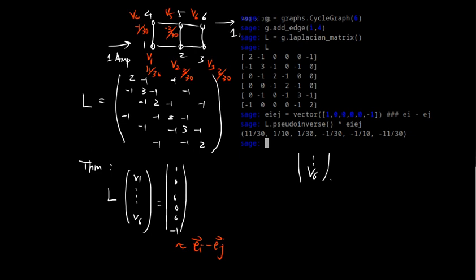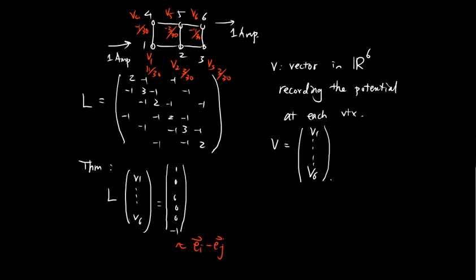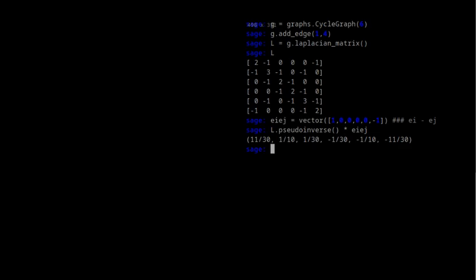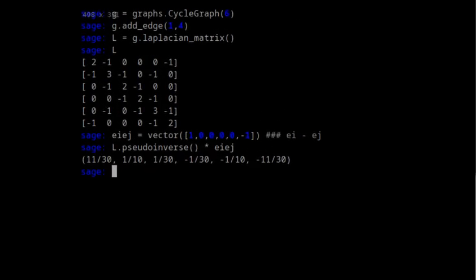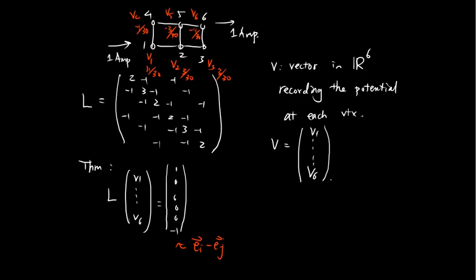And the last one, minus 11 over 30. Okay, and then let me move this to the other side. And then you can see that these numbers are the potential.